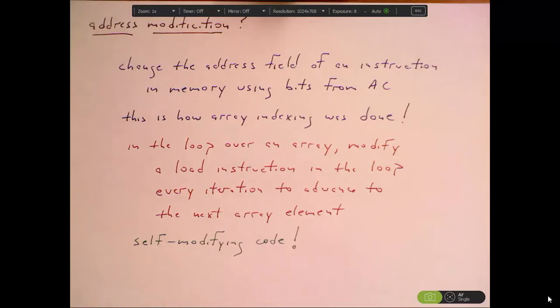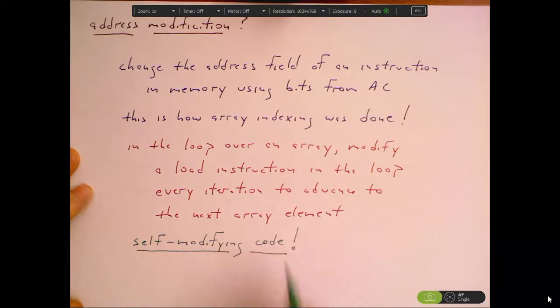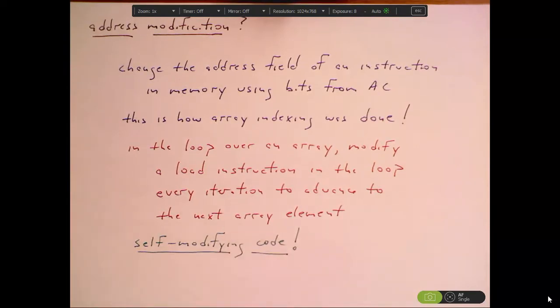So to me it's just amazing. It's self-modifying code with a vengeance, sort of extreme self-modifying code, and I guess the complexity of implementing instructions led them to this.